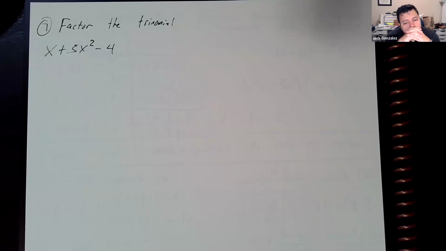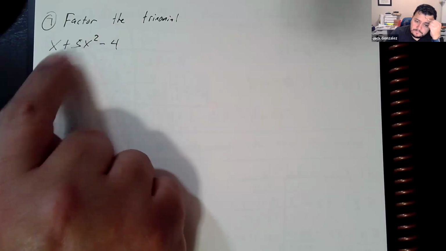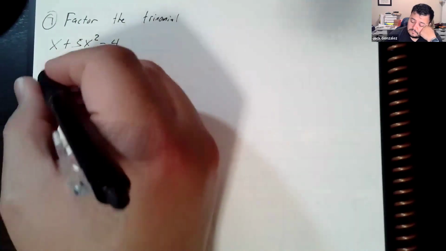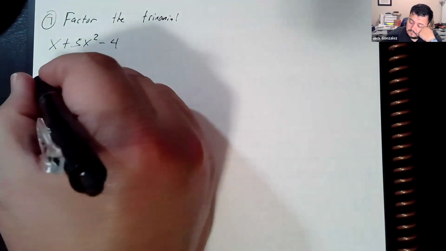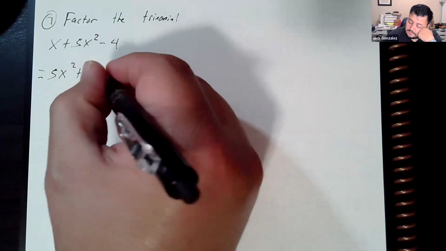Well, we're factoring a trinomial, right? Do you notice that it's out of order? It's supposed to be the square first, right? If you notice the question is not in order, rewrite it.